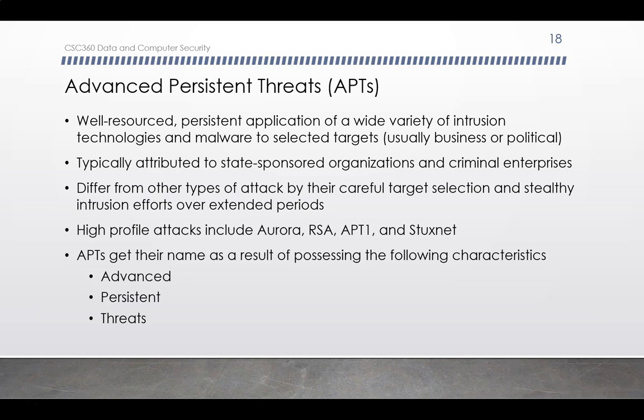APTs often use social engineering tactics or exploit vulnerabilities to infect a system and can remain unnoticed for a significant time period. During the window between infection and remediation, an APT will often monitor, intercept, and relay communications and sensitive data.